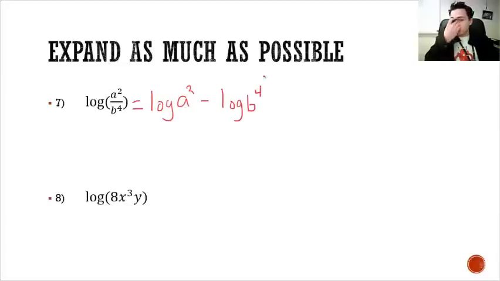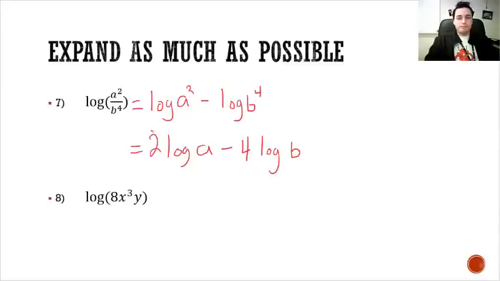Now each of those can split down a little bit further because they each have exponents. So those exponents are going to drop down in front of their respective logs. So that means the answer is going to be 2 times log a minus 4 times log b. That's the answer to that.